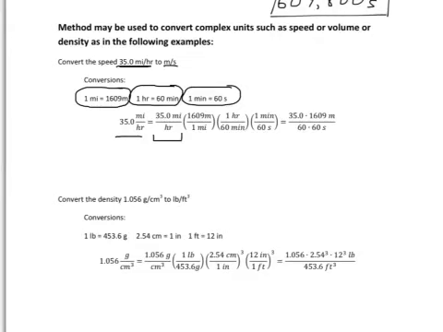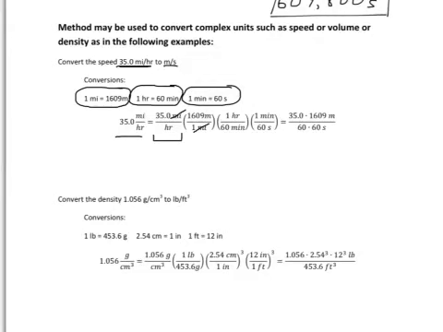I multiply by a conversion factor, which comes from the first unit that I wrote down, and the purpose of that conversion factor is to get rid of the mile unit and turn it into meters. And so after I've done that, I put 1,609 meters in the numerator and 1 mile in the denominator. So miles cancels. Now my distance unit is in the appropriate unit.